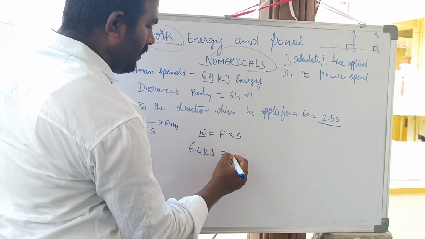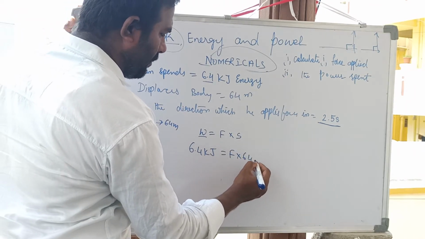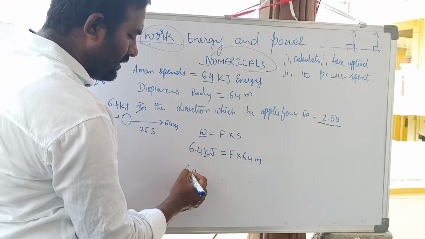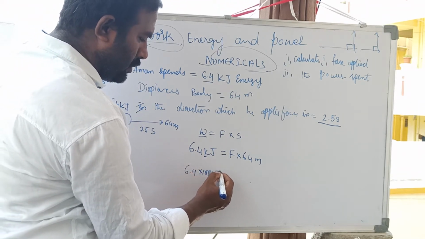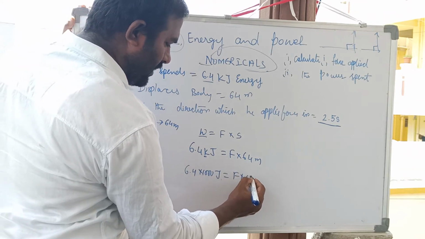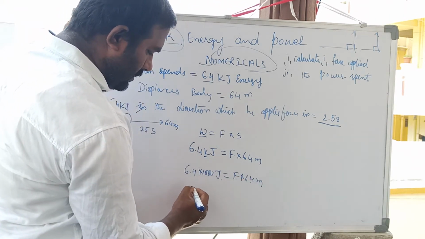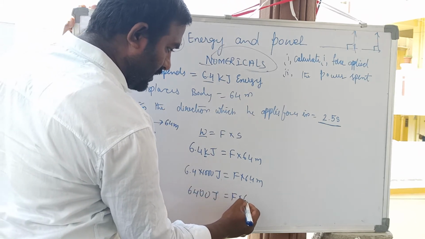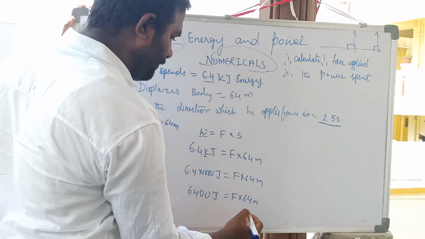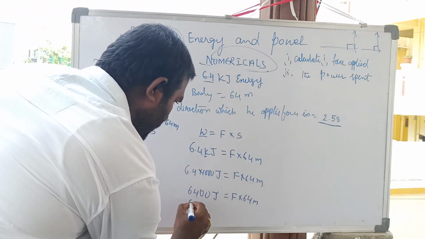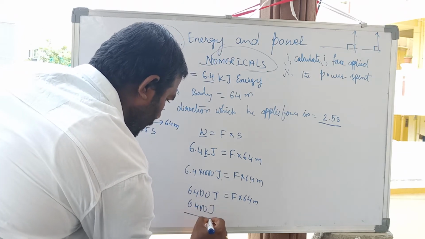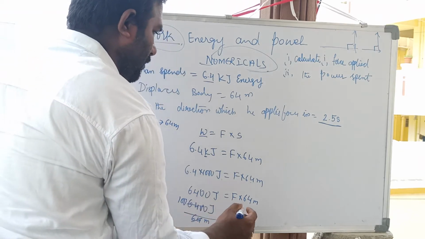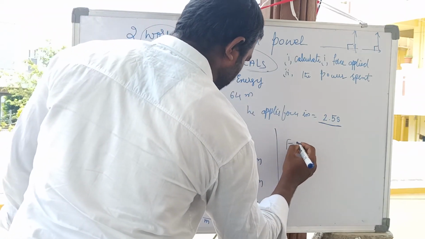Force we don't know, and the displacement is 64 meters. We can write 6.4 kilojoules as 6.4 into 1000 joules, which is 6400 joules, equal to F into 64 meters. So F is 6400 joules per 64 meters, which is 100 joules per meter, nothing but newtons. F is equal to 100 newtons.